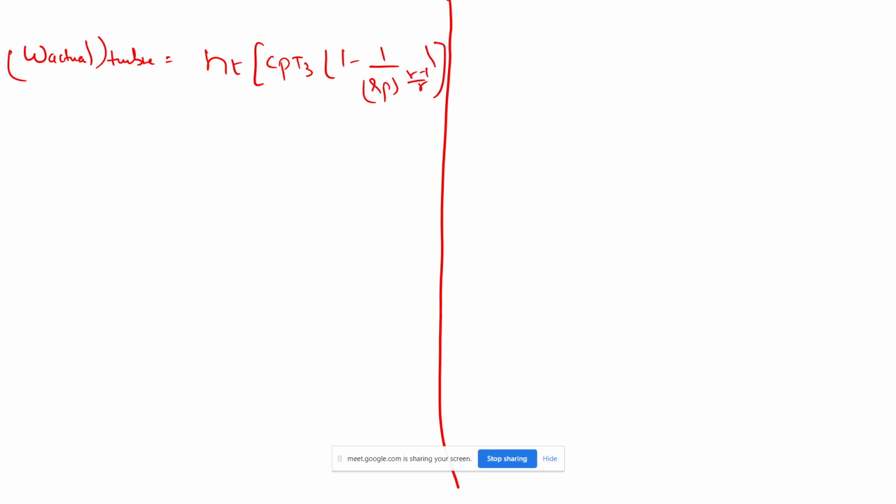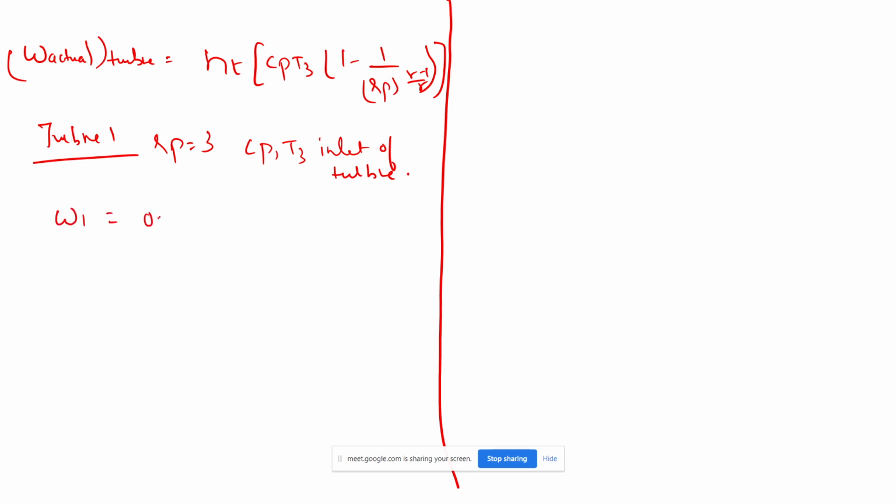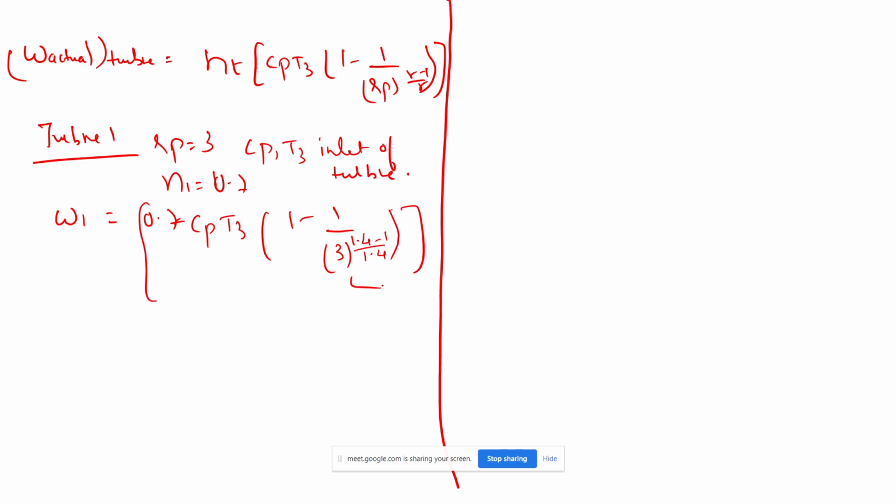Okay, this is also done. For turbine 1, which is running on Rp equal to 3, the initial conditions Cp and T3 are the same at the inlet of both turbines. So we can write W1 is equal to 0.7, the isentropic efficiency eta 1 is given as 0.7, into Cp into T3 (1 minus Rp equal to 3, gamma they have given 1.4, so (1.4 minus 1) upon 1.4).